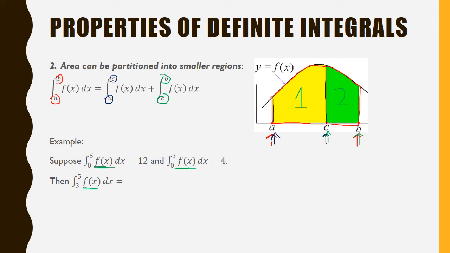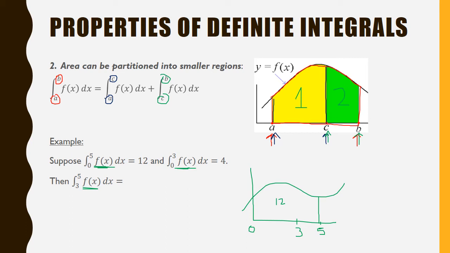Okay, so if you need to, let's sort of envision what this means. So here's 5, here's 3, and so the first statement says that the area of this whole section here is 12. So from 0 to 5 is 12.